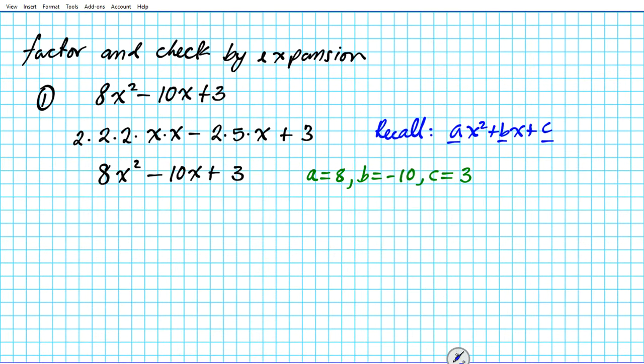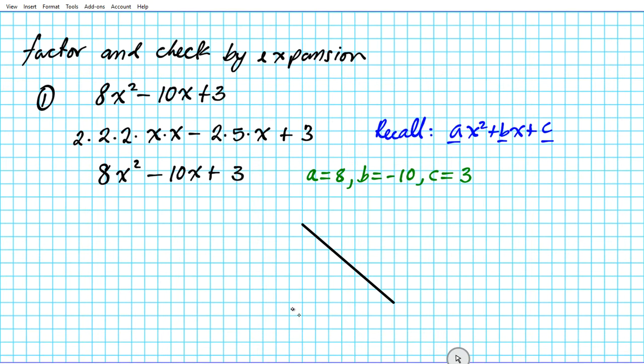The general form of a quadratic tells you what a, b, and c are. Okay? Now that we have that set up, we want to express this quadratic trinomial as a quadratic with 4 terms in such a way that we can pull out a common factor from the first two and the last two and have identical factors in the parentheses upon the factorization. So in order to do that, we need to pick two special numbers.